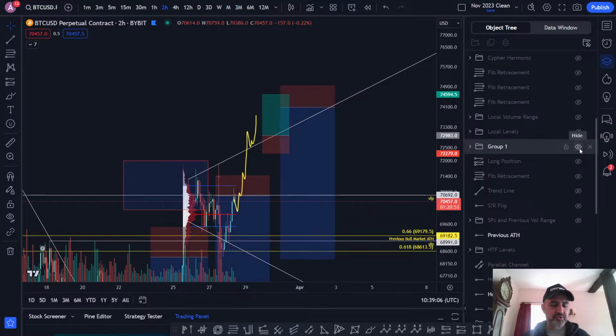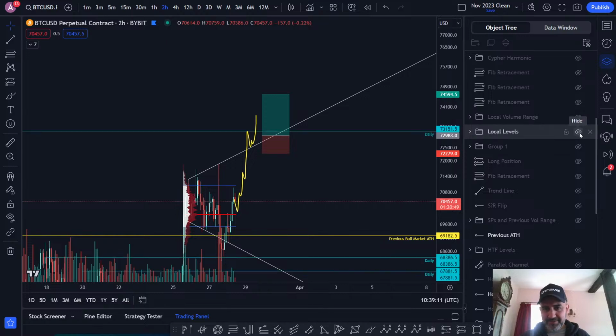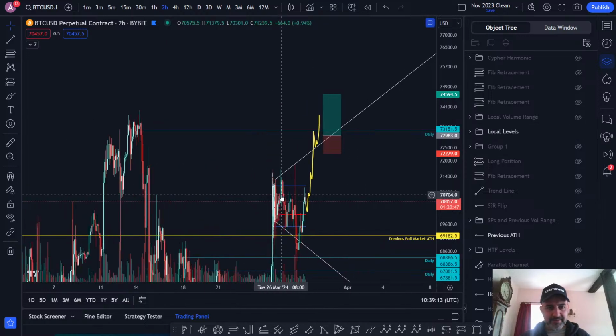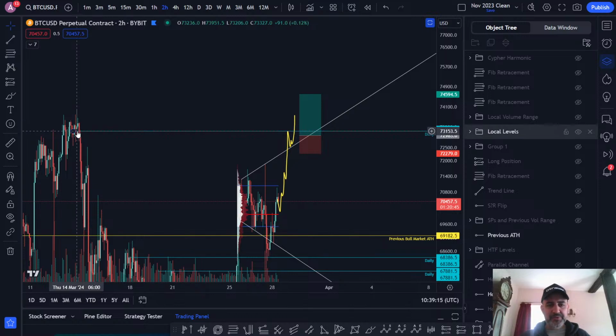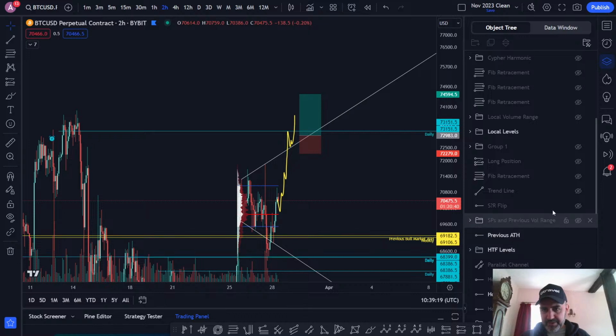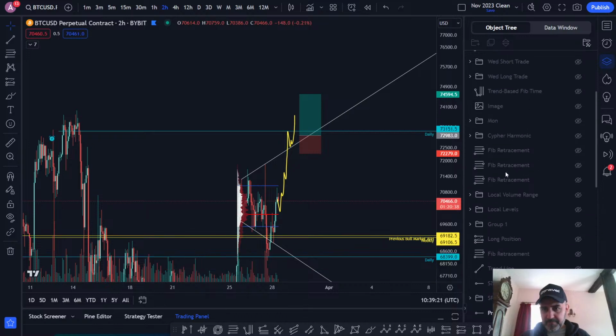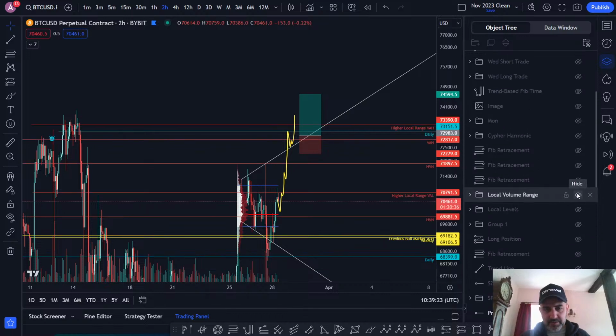Where you also have a short plan, a short idea as well. And you have a daily level there too. Okay, there's a few levels of interest. Look at that.